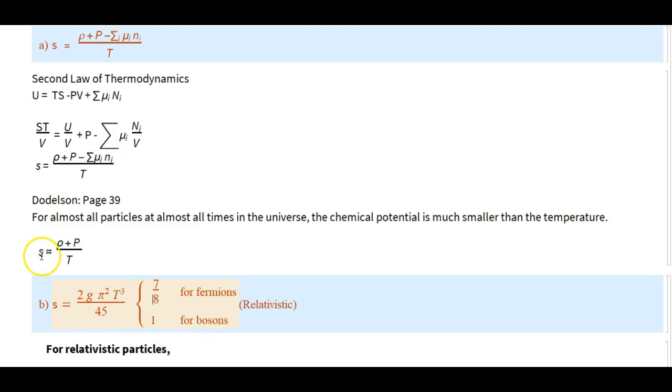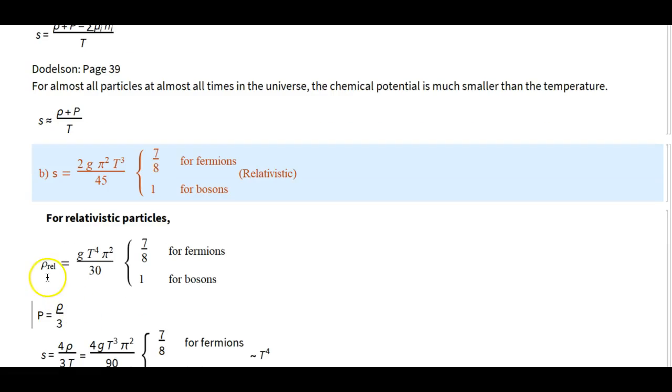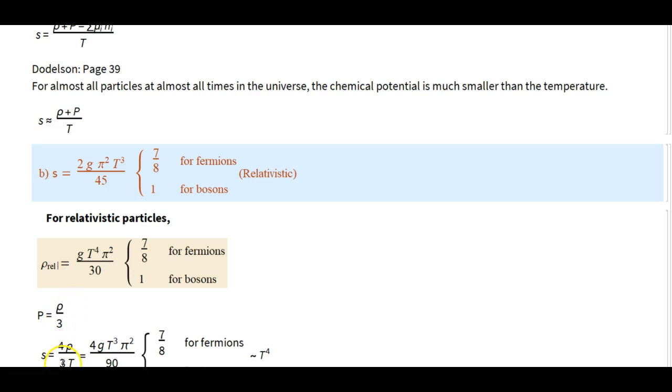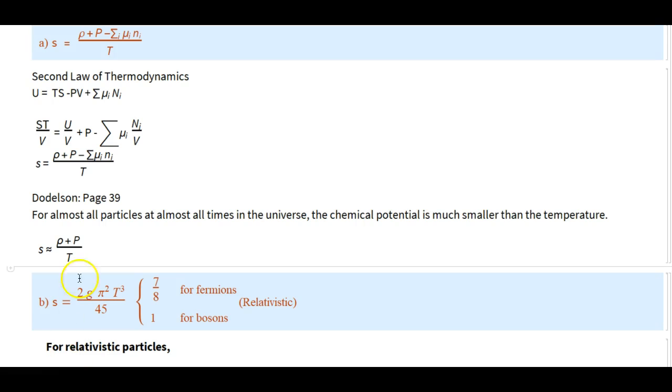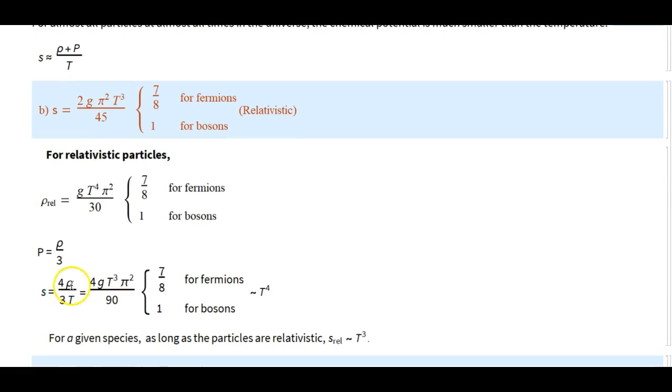So, what is the value of this small s, entropy density, for the relativistic particles? For the relativistic particles, the energy is given by this, and pressure is equal to rho over 3. So s will be, if I put pressure equal to rho over 3, rho plus rho over 3, which is 4 times rho over 3, divided by temperature.